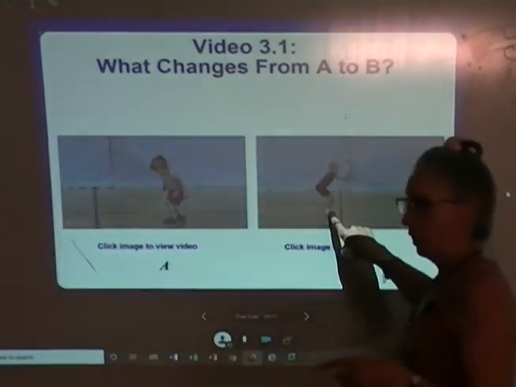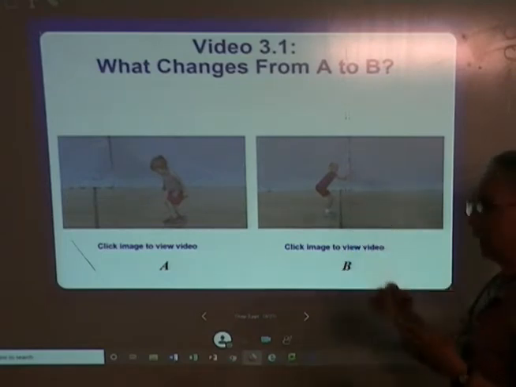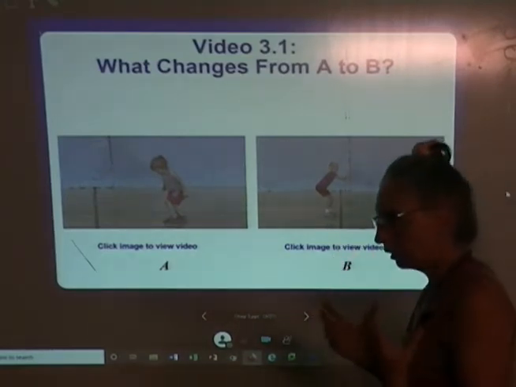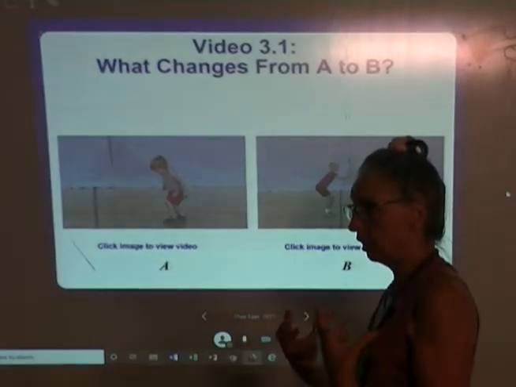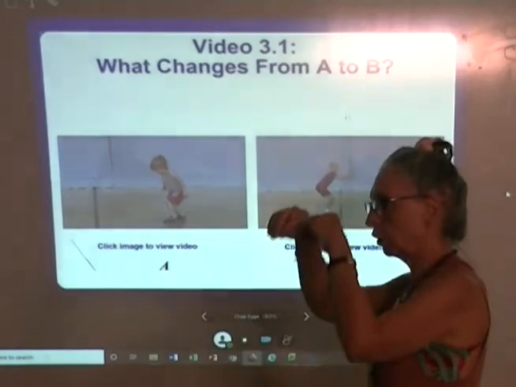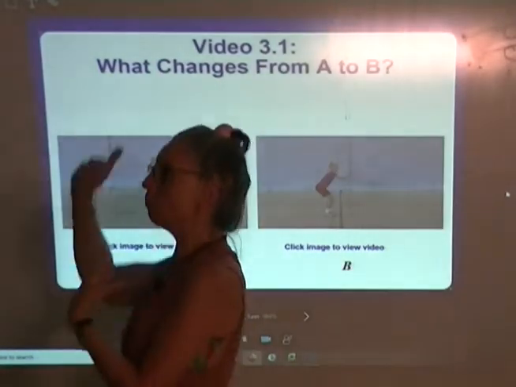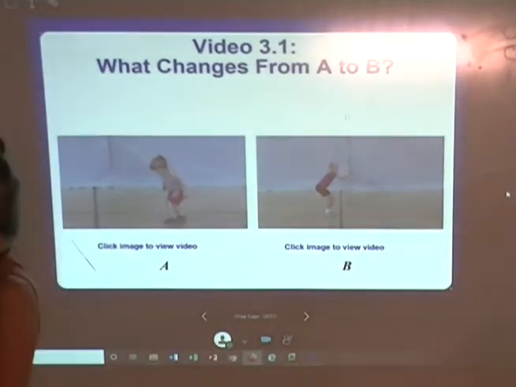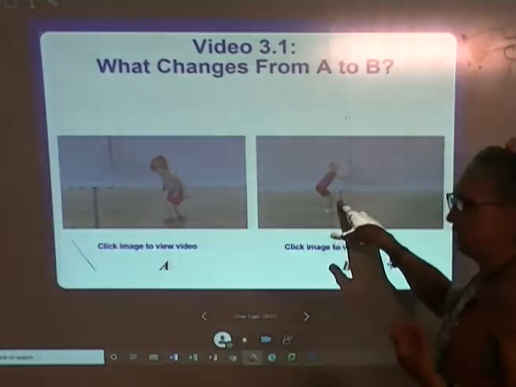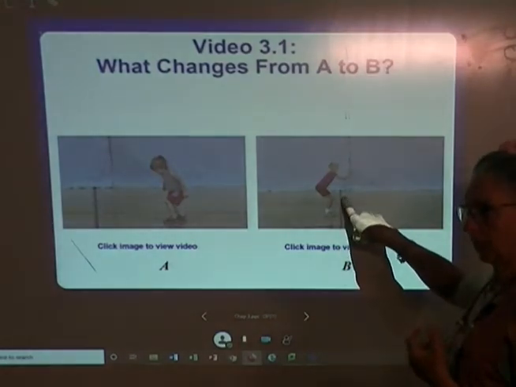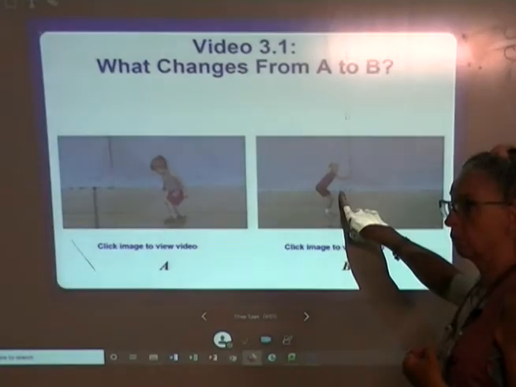This young lady, when you watch this piece of film, is quite a lot more advanced. Both feet leave the floor at the same time. She's able to push down and back, so she not only comes up off the floor, but she jumps forward. The interesting thing that this young lady does is she swings her arms the wrong way.